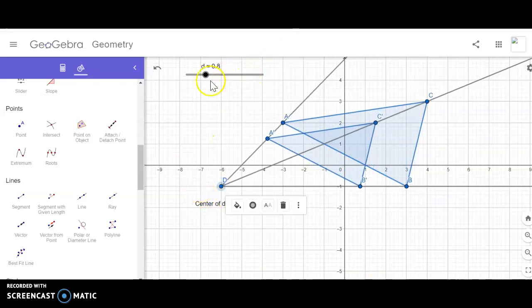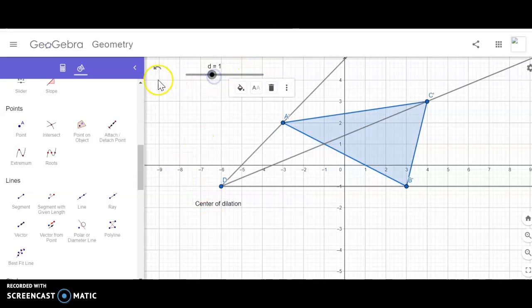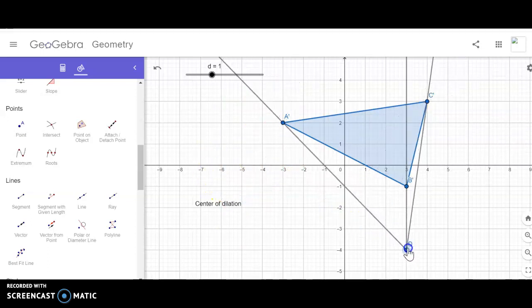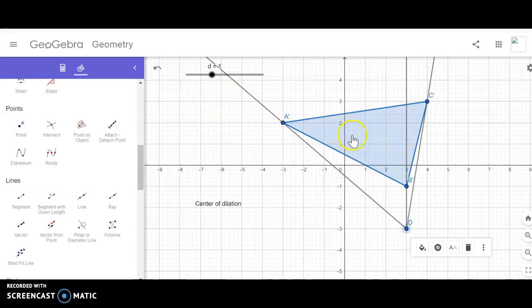So what I want to look at is different dilations and where the points are going to end up. Let's say I put my center of dilation right here. Let's first make it smaller. We know that a smaller value is going to make the shape come closer.